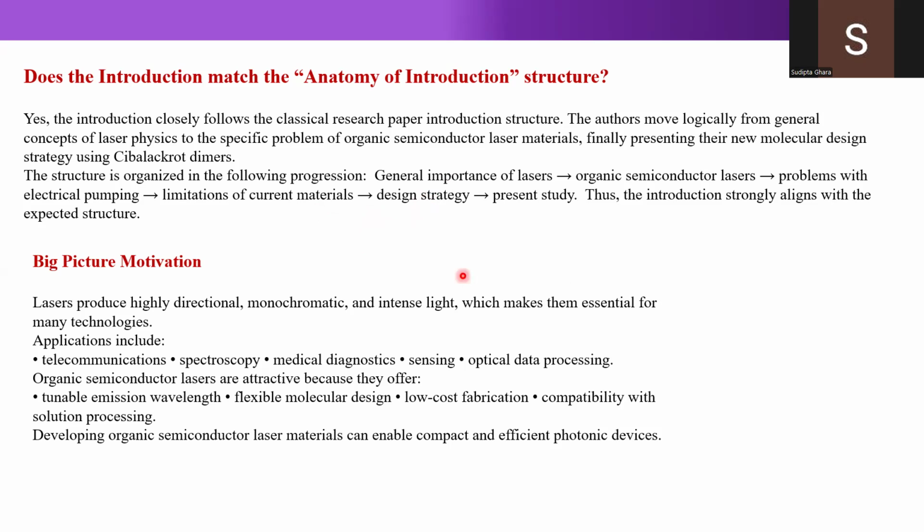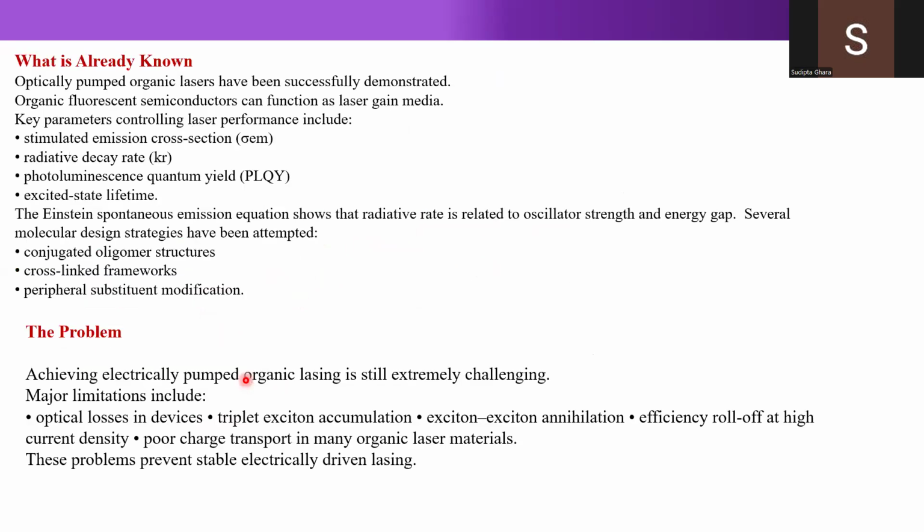They then try to explain the difficulty of electrical pumping and lasing, etc. Here they show again why organic semiconductor materials are important, low cost fabrication, etc. But the important part is what is already known for this paper.